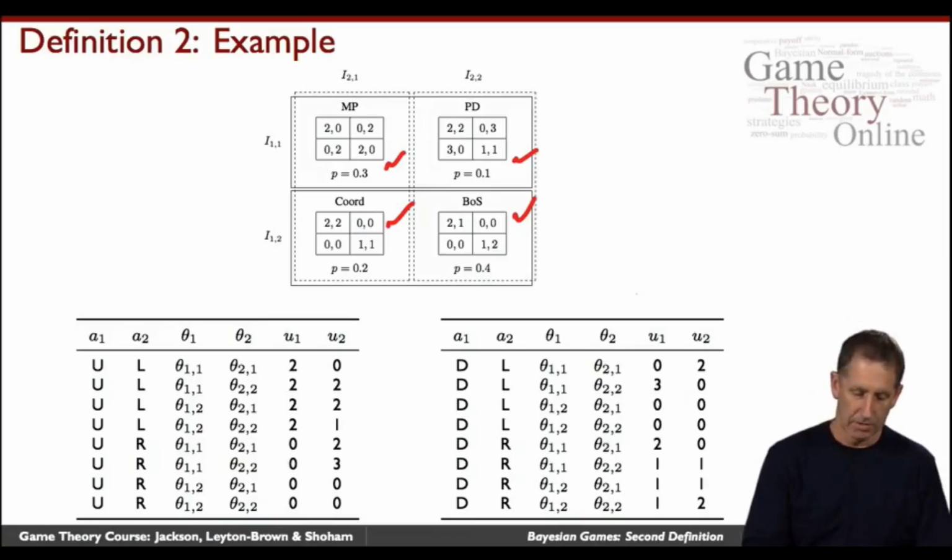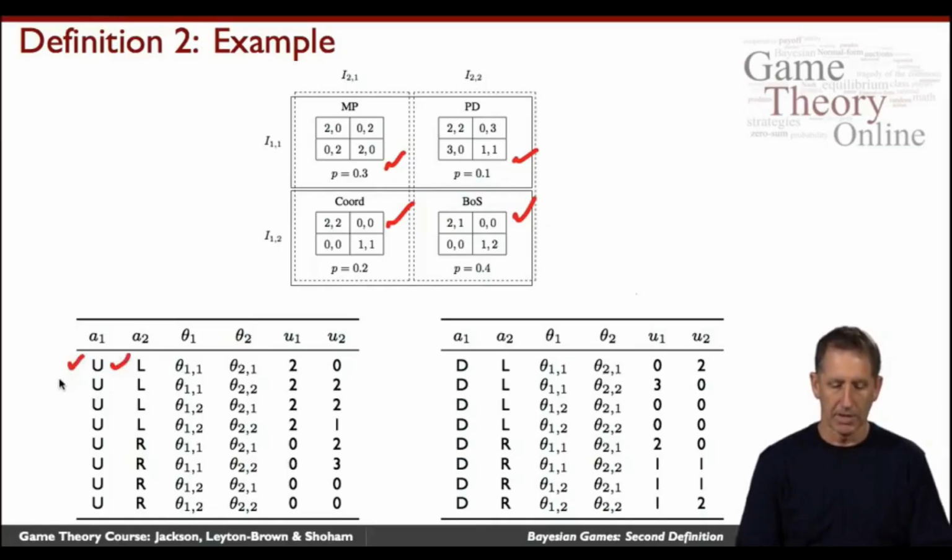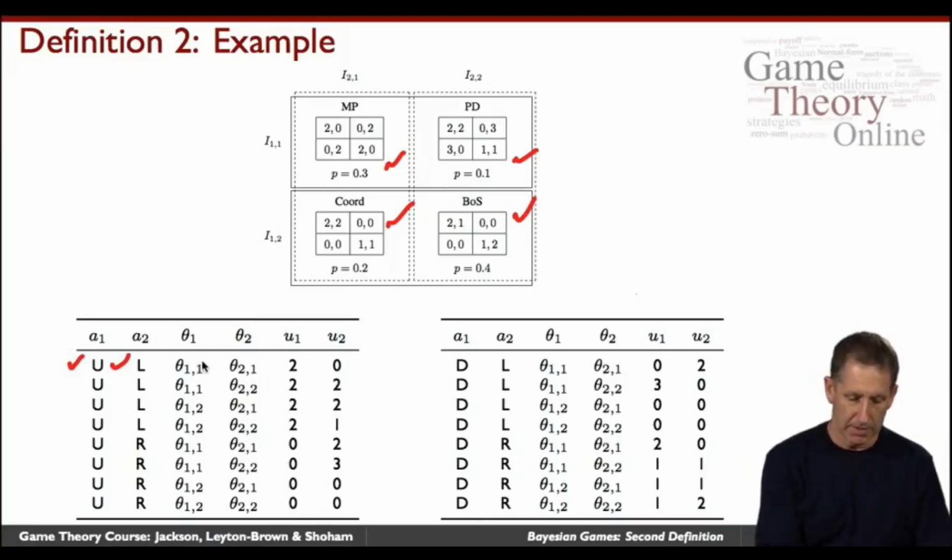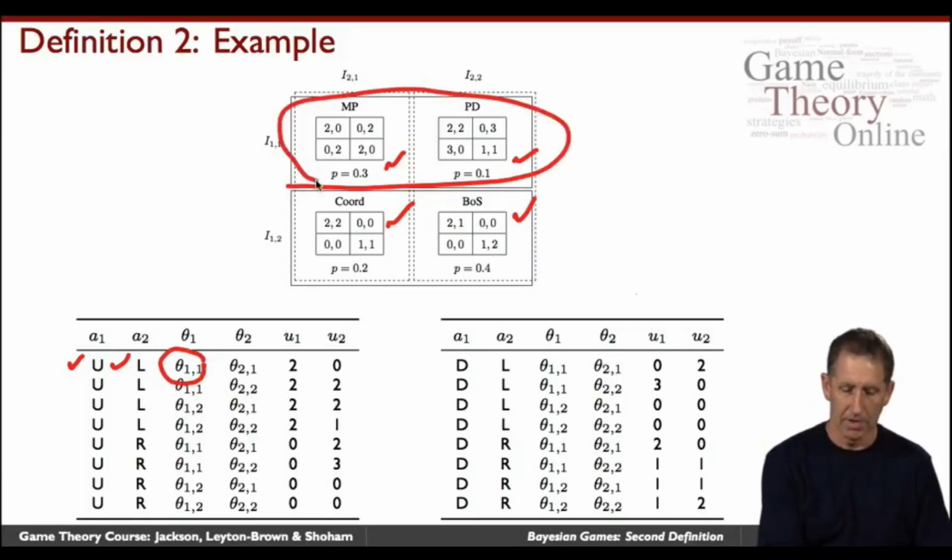So let's look, for example, at what happens here. What is the payoff when the row agent plays up and the column player plays left? Well, that depends. If the type of the agents is this one, well, what is the type? The type corresponds now to this information that they have.